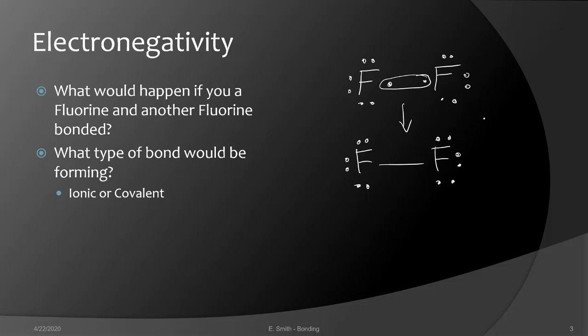Now here's the thing. This fluorine has an electronegativity of about 4.0 on the Pauling scale. And this fluorine, because they're identical, also has an electronegativity of 4.0 on the Pauling scale. So literally they are pulling the electrons with the same force in either direction.